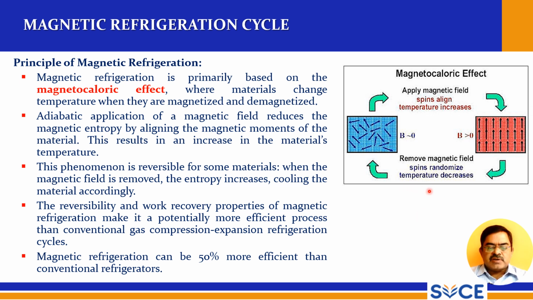Here is the applied magnetic field and removed magnetic field, happening cyclically. When you apply it, these ions are aligned, and there will be an entropy increase upon removing the magnetic field. So this is how the magnetocaloric effect works.